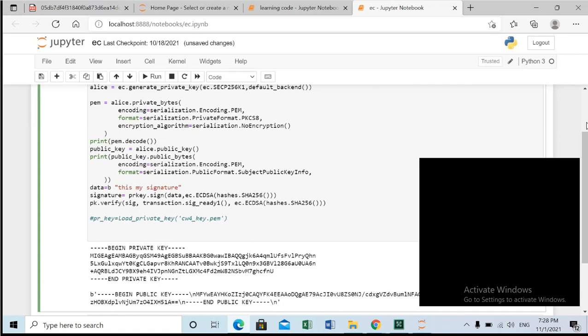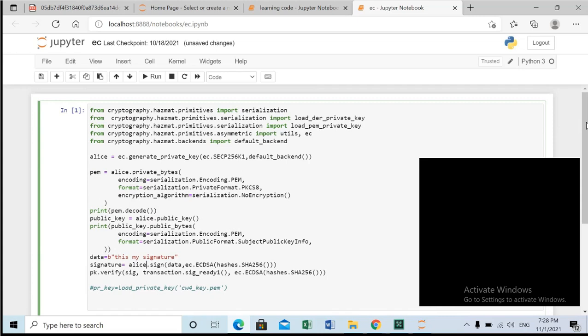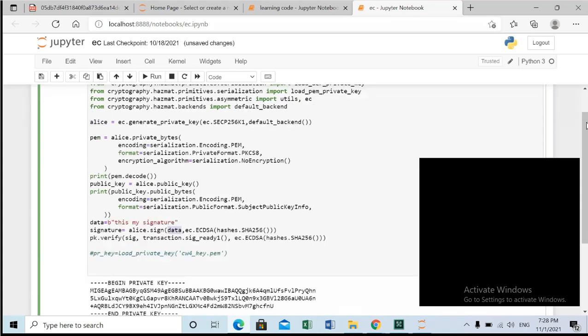This must be a private key, an object. So Alice was our private key, as you can see. So Alice signed data with this parameter, creates a signature.